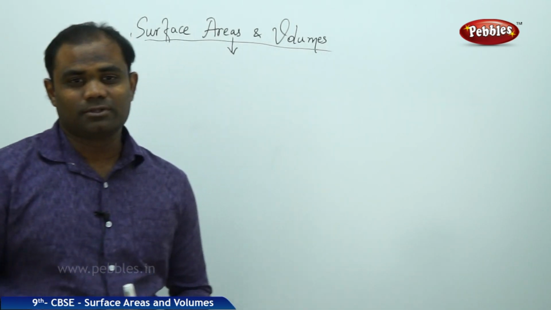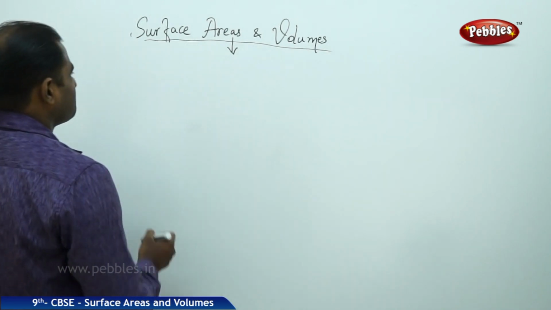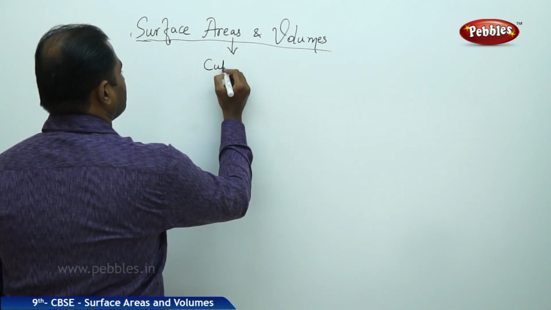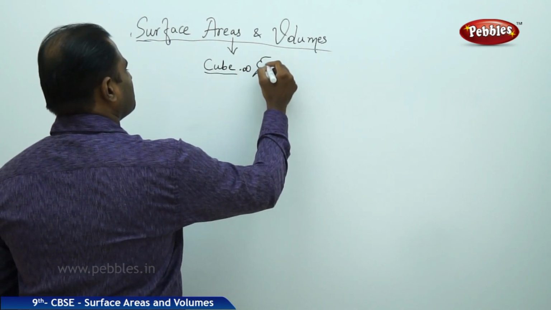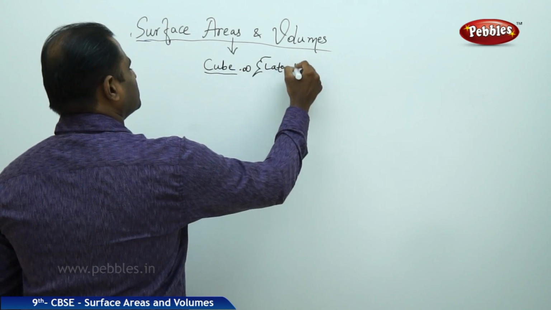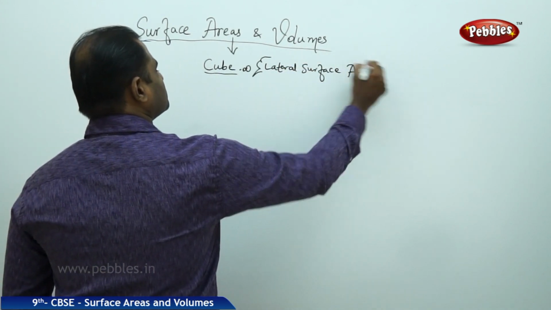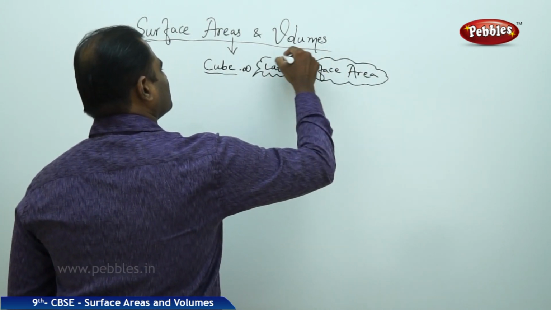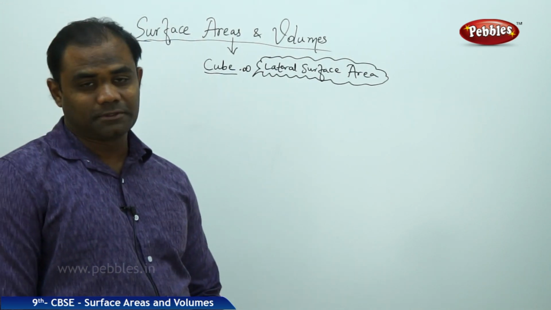Let's apply the same concept of the cuboid into the cube. Lateral surface area. So what is a lateral surface area of a cube?